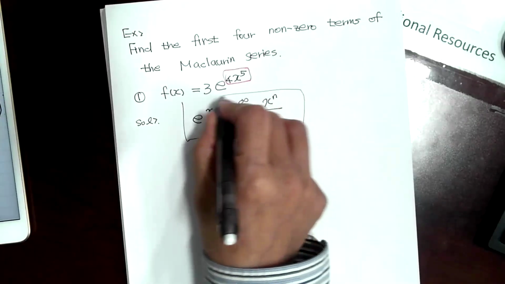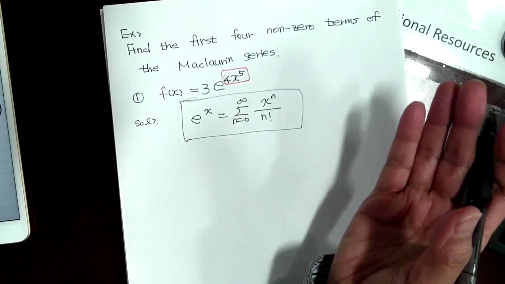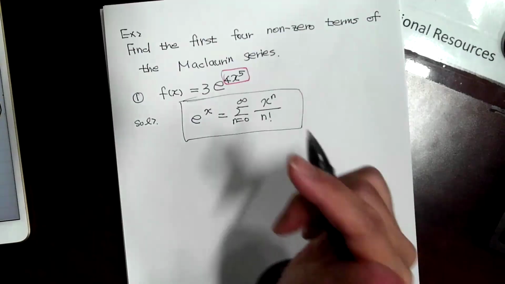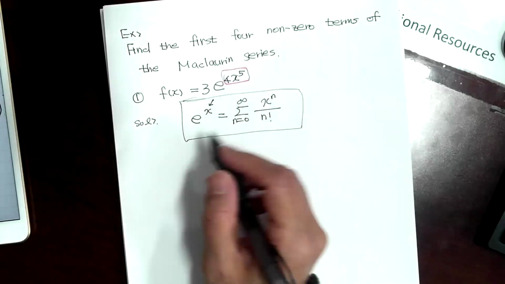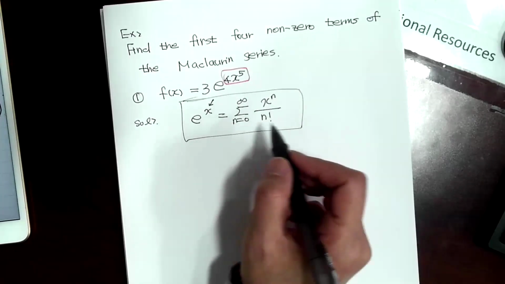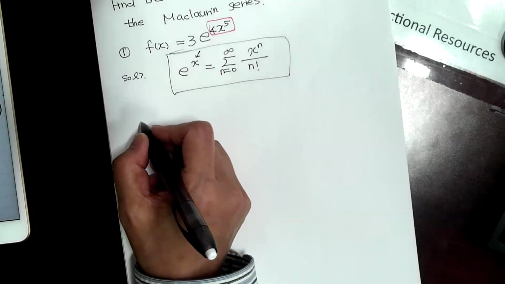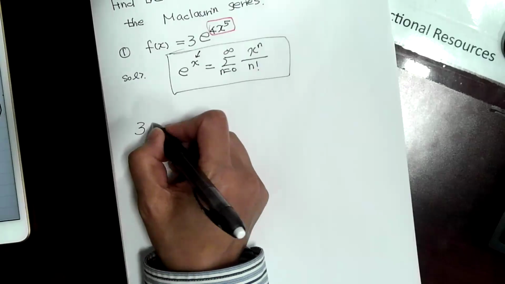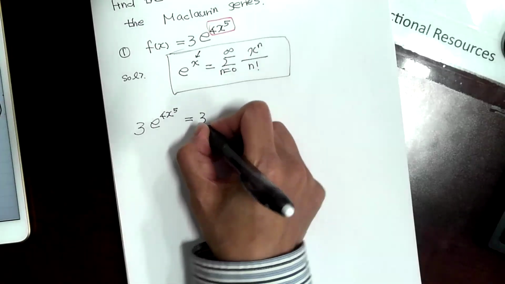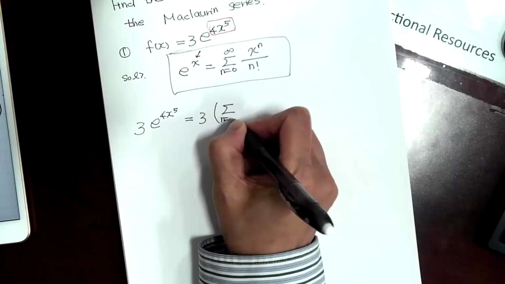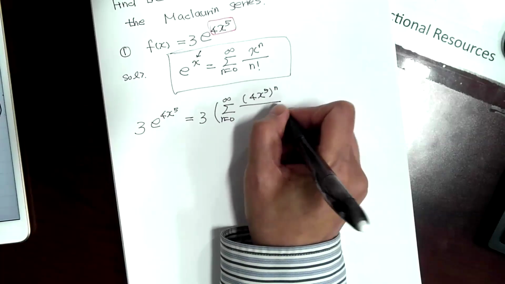That is the formula. This time, we are still thinking about the expansion around 0, but this variable is replaced by 4x to the 5th power. And so we can still utilize this formula by replacing x by 4x to the 5th power. So 3 times e to the 4 x to the 5th power can be written as 3 times summation n equals 0 to infinity 4 x to the 5th power n over n factorial.